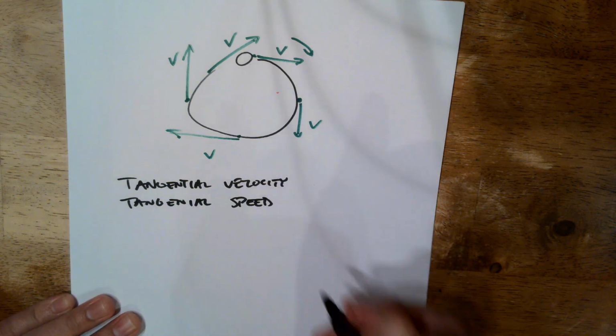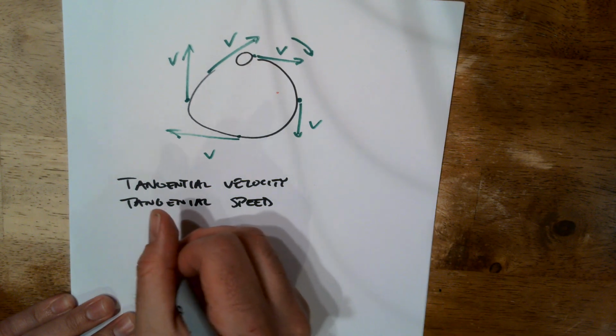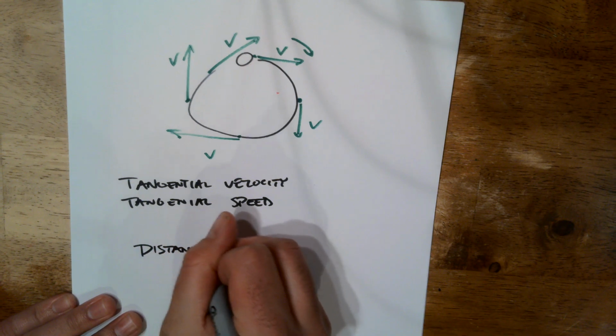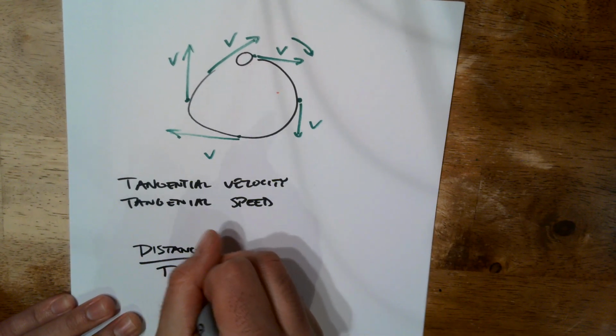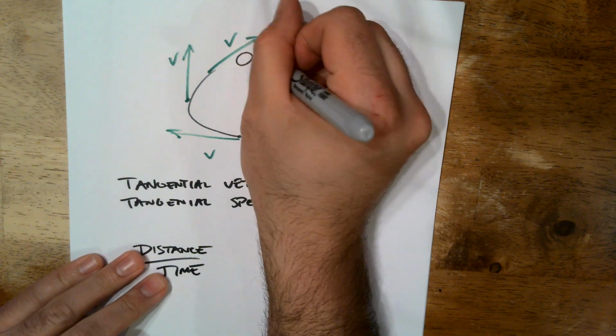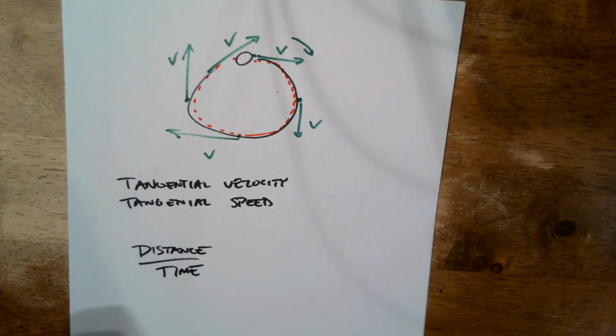Now in terms of trying to figure out how fast something is moving, basically we've always thought about how fast something is moving as a measurement of distance over time here. Now, if we kind of trace the distance around the circular path, it is the circumference of the circular path.